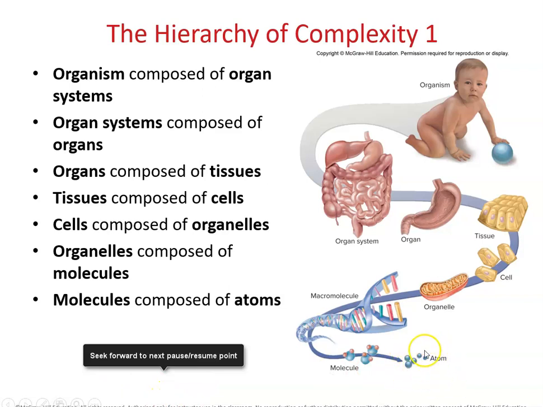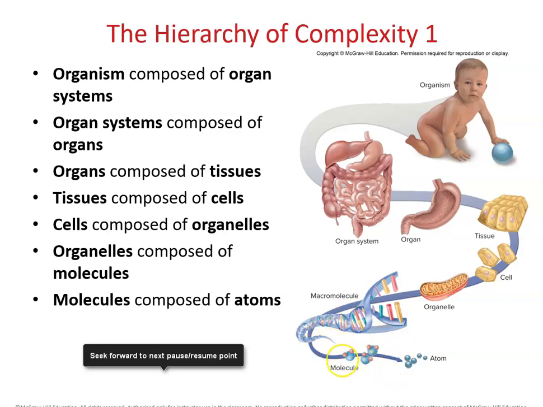We can start with atoms. So atoms, you guys know, are anything that's individually written on the periodic table, and they can combine in a couple different ways that we'll be talking about later to form molecules. And those molecules can be really simple, from two oxygens joining together to be the oxygen that we breathe, to much more complex with carbohydrates or proteins.